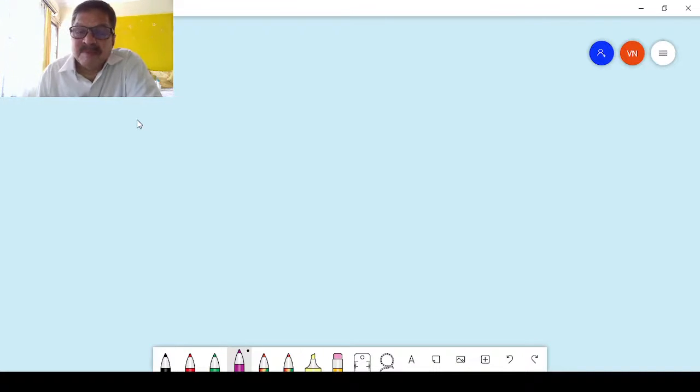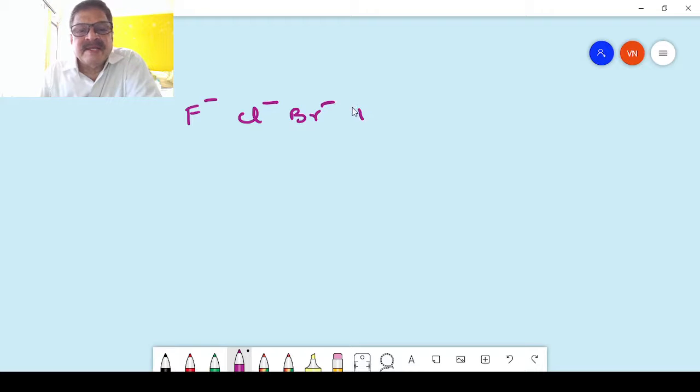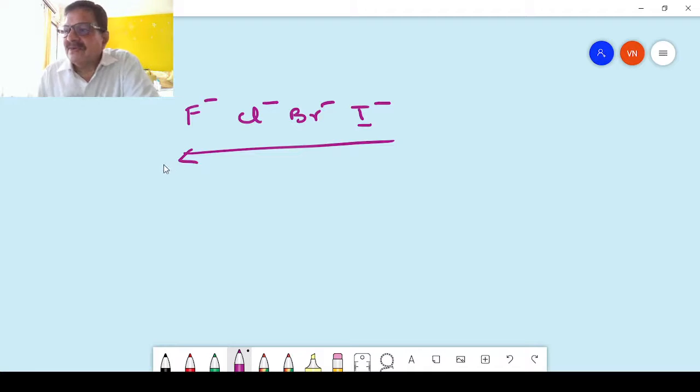Now, basicity decreases with size down a column of the periodic table. In the same way, nucleophilicity also will be decreasing, as we have seen with fluorine, chlorine, bromine, iodine. So this is the trend: increasing nucleophilicity in polar aprotic solvents.